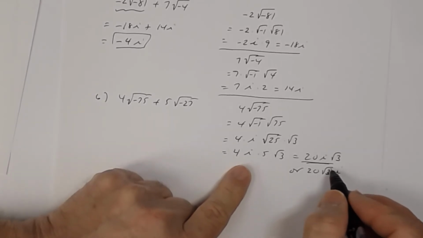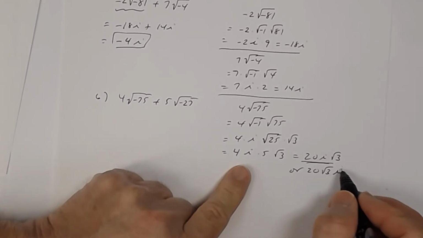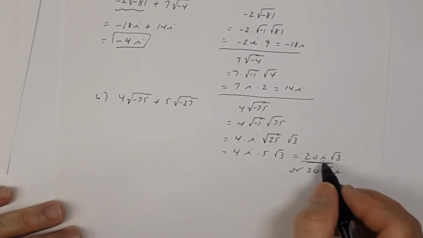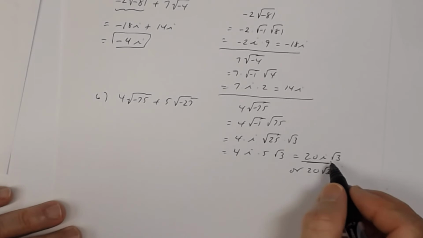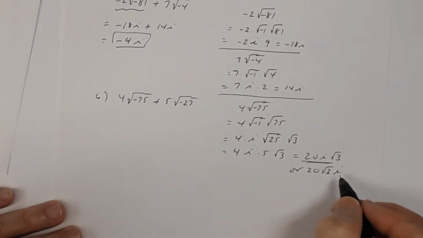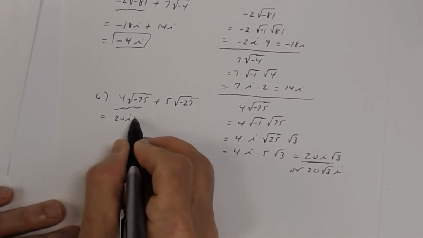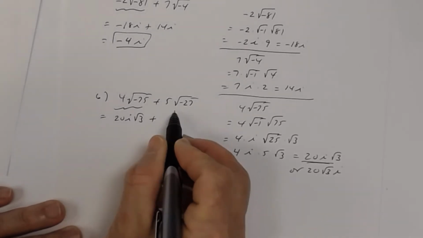Some students have a habit of not being very careful, and they'll extend the square root symbol to where the I looks like it's right underneath the square root, and then you don't get full credit. So that's why we tend to prefer that you put it between the 20 and the square root of 3 so you don't have that confusion.